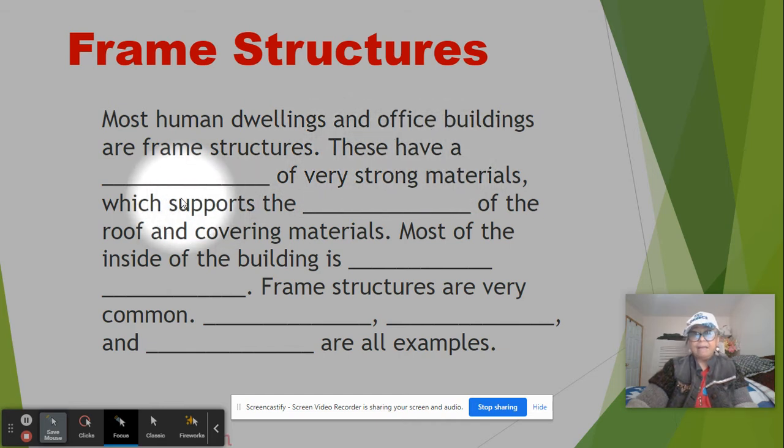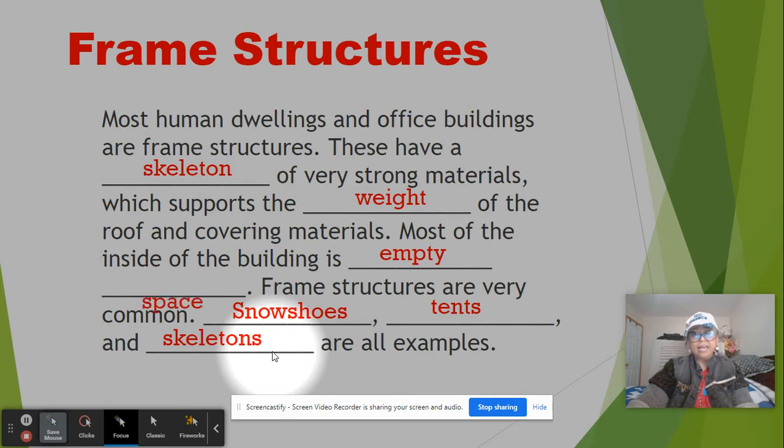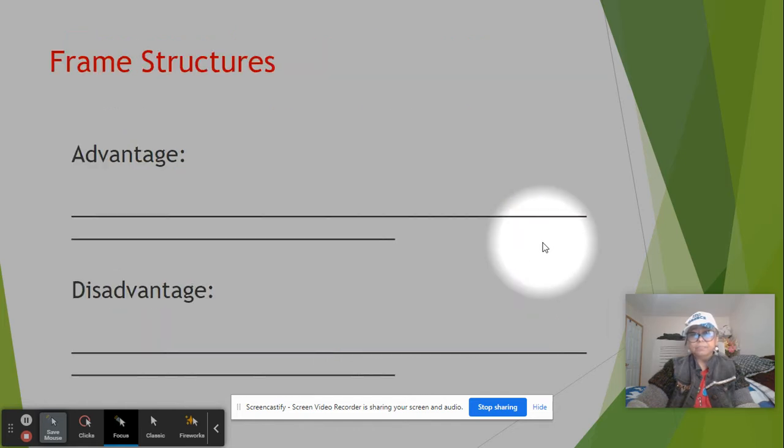They have a skeleton of very strong materials which support the weight of the roof and covering materials. Most of the inside of the building is empty space, and common examples of frame structures would be snowshoes, tents, and skeletons. Remember, you can see a skeleton in the frame structures.